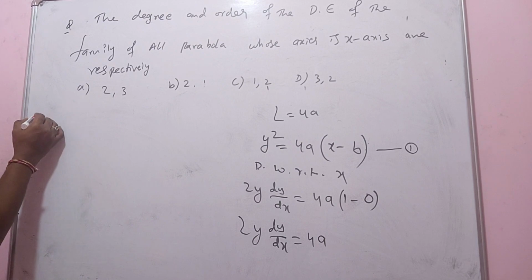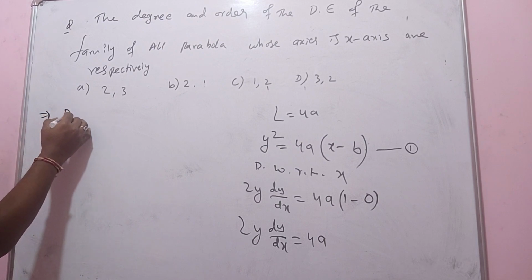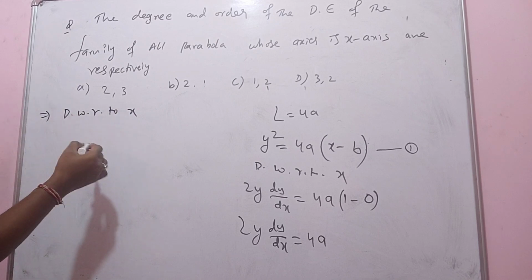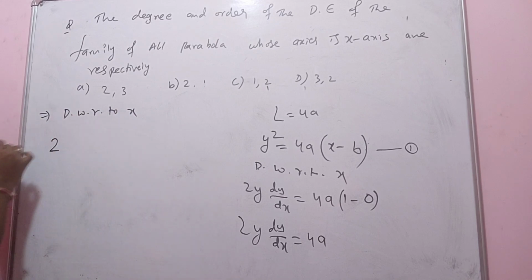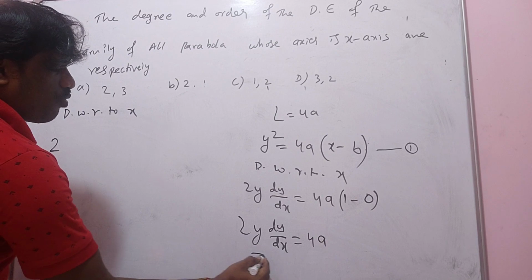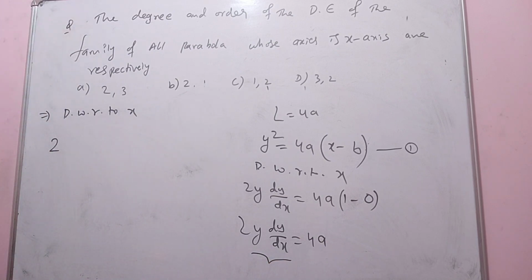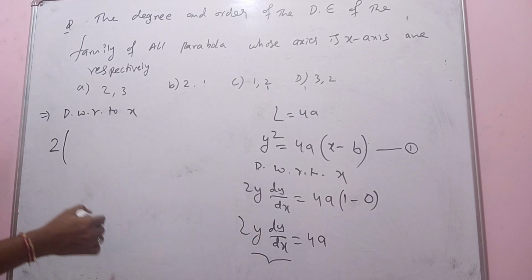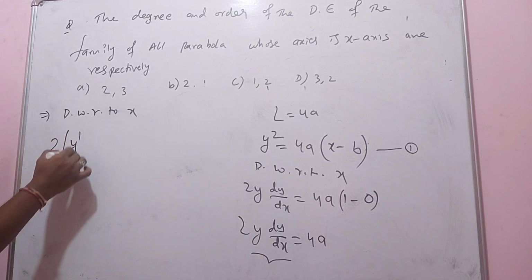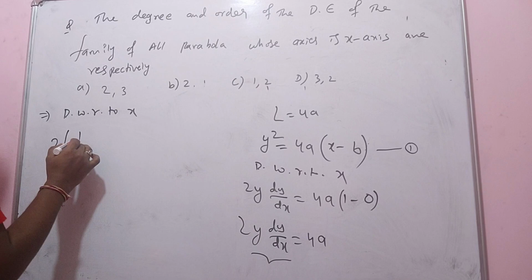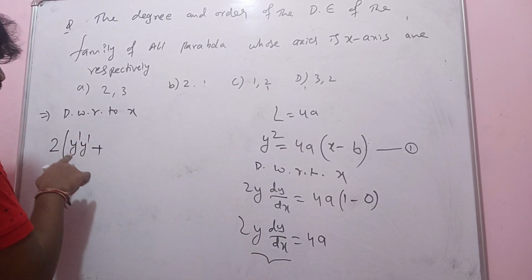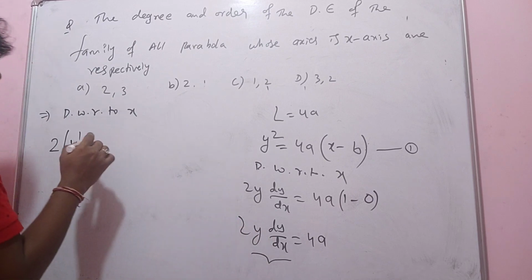So now differentiate again with respect to x. Again double differentiation. So 2 is here. This is the u into v formula. What is the uv formula? u dash v plus v dash u.